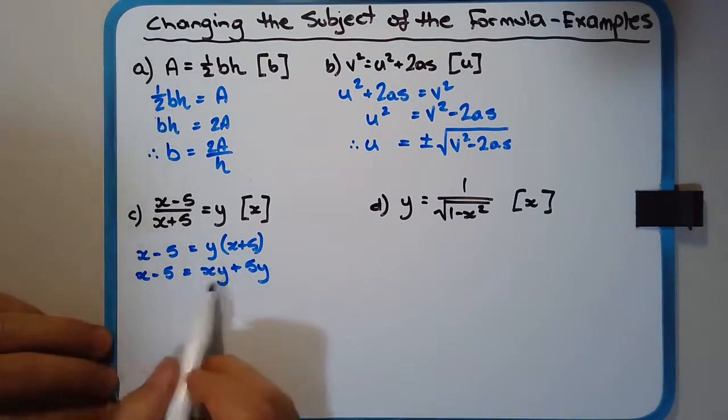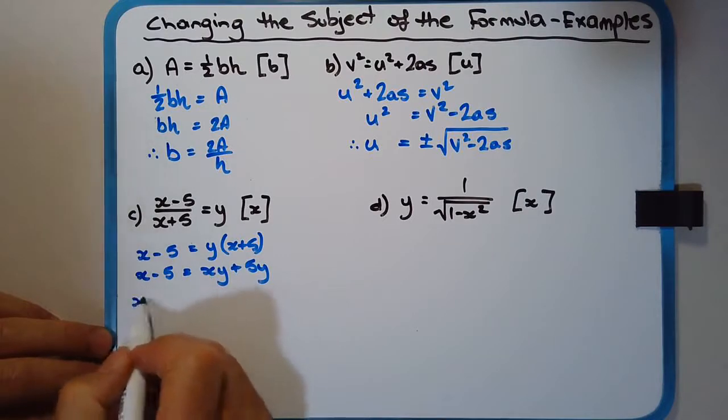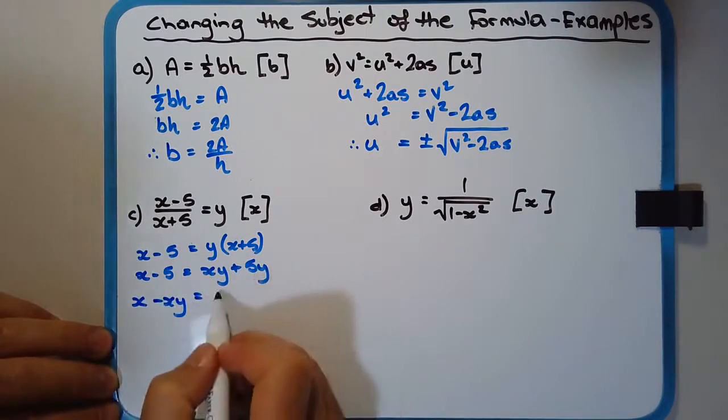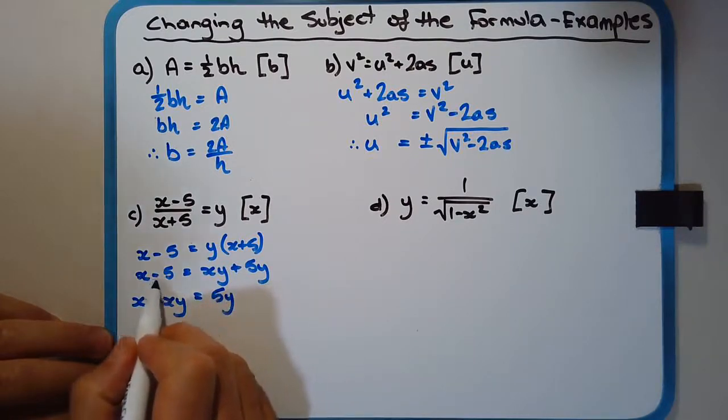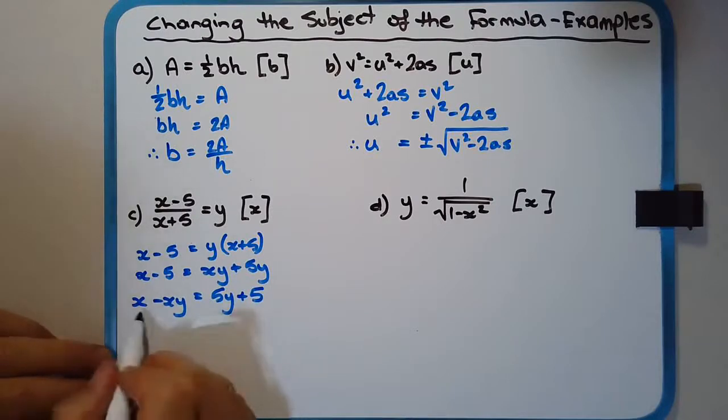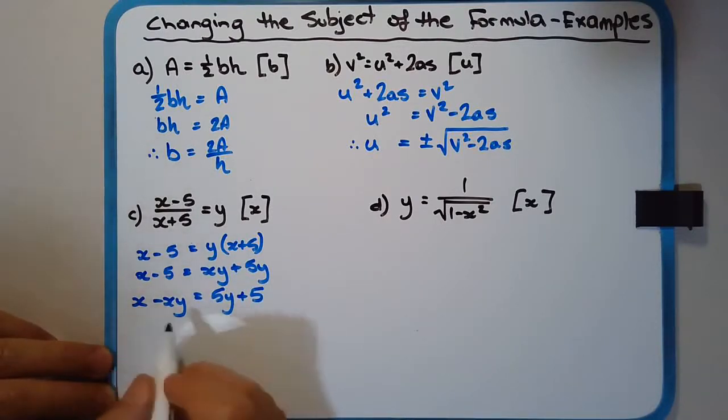Now we're going to move the xy from the right to the left. So it's going to be x minus xy is equal to 5y, and I'm going to move this negative 5 over to the other side, so it becomes plus 5. Now I'm going to factorize the x on the left-hand side.